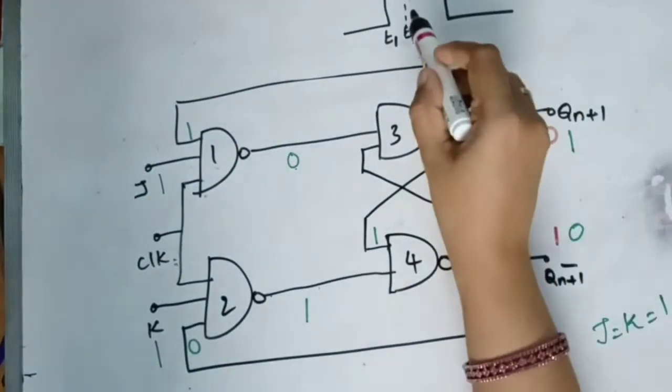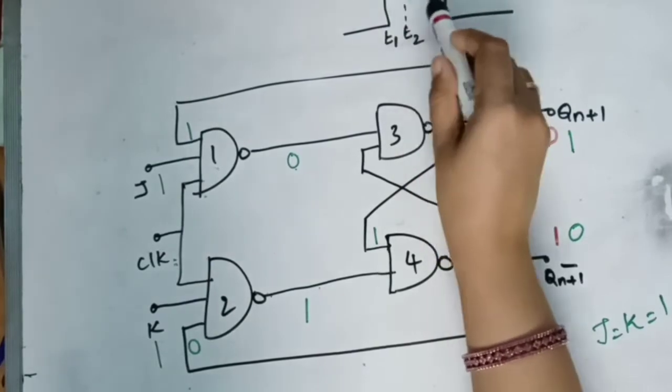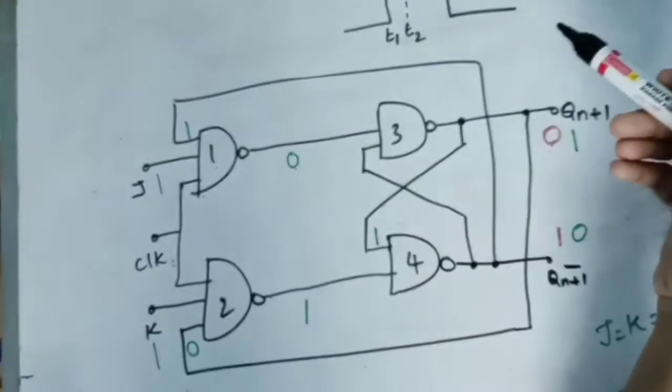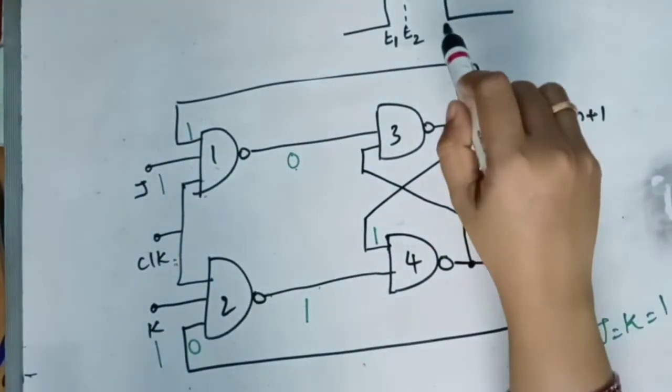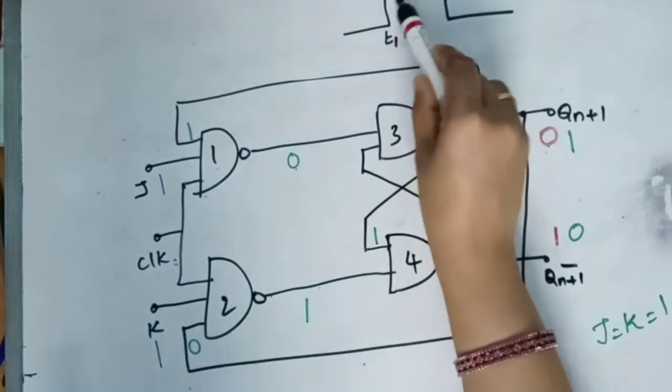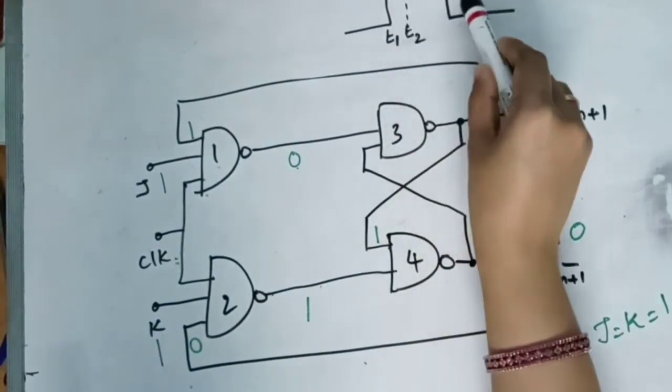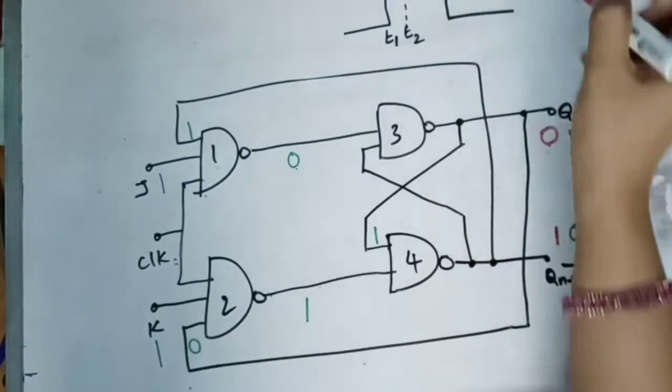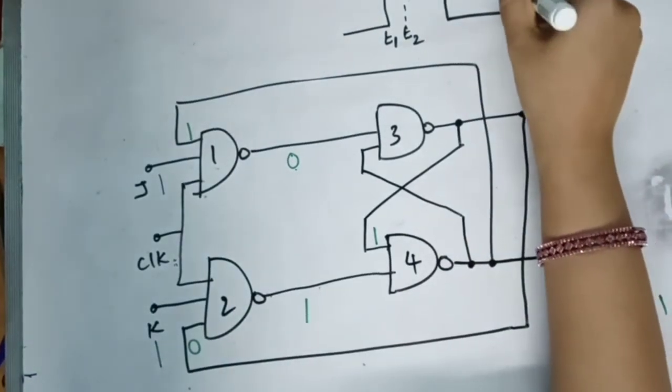Now still my clock is still high. This is not the next clock, this is the same clock, because this is one clock. The next clock means the next time it becomes high.